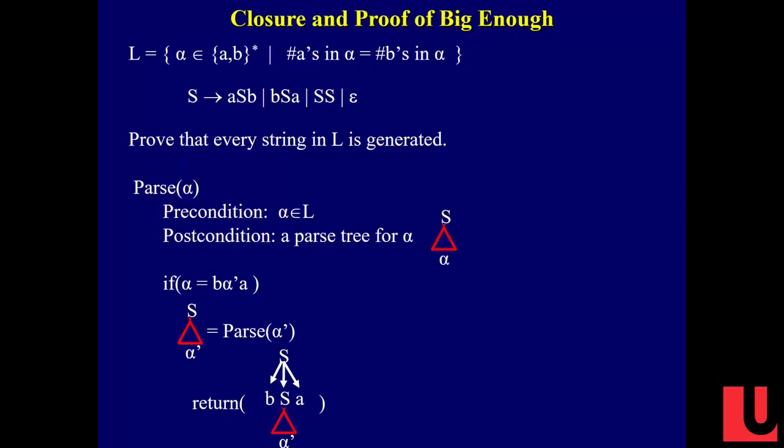And now it begins with a B and ends with a B, so he's going to split it in half, and he's going to go S, S, S. We haven't gotten that yet, but I know we're going to, right? And then this first part is going to go to A, S, B, epsilon, and the second part is going to go to A, S, B, epsilon. Everybody see how we got a parsing there, recursively?